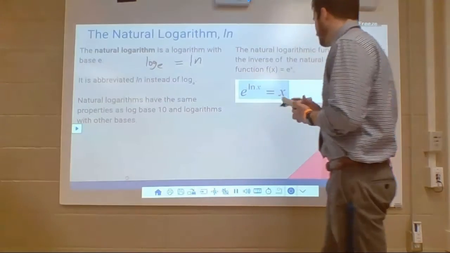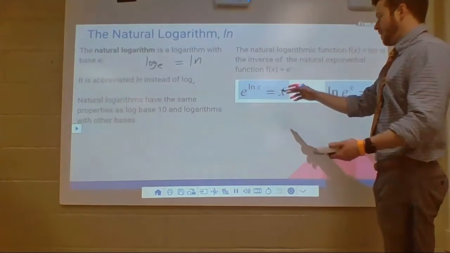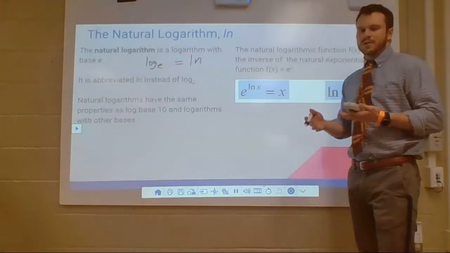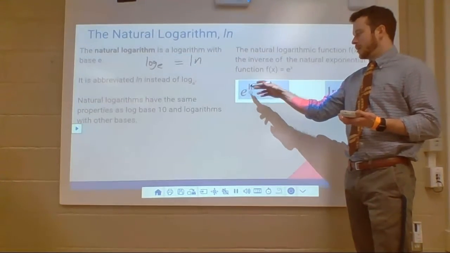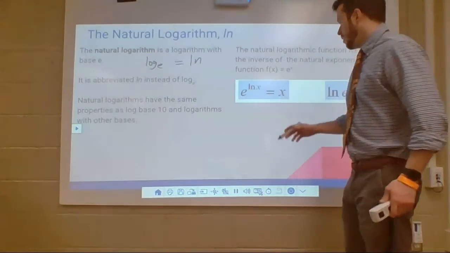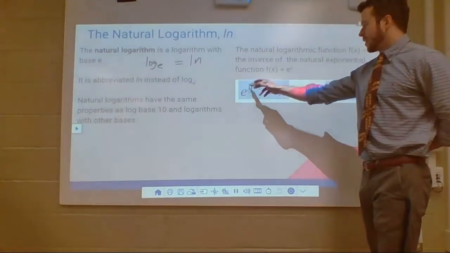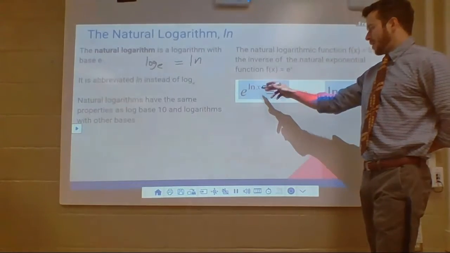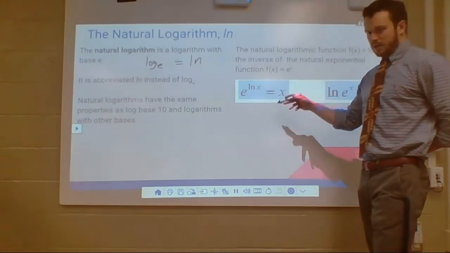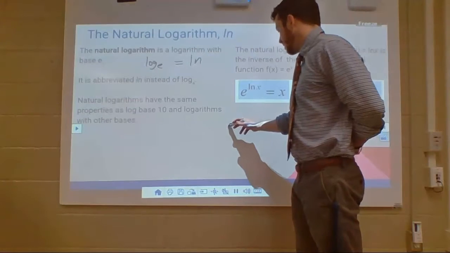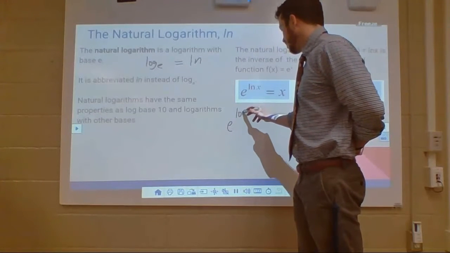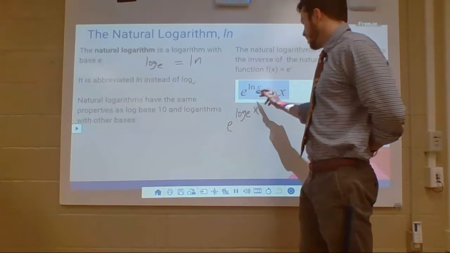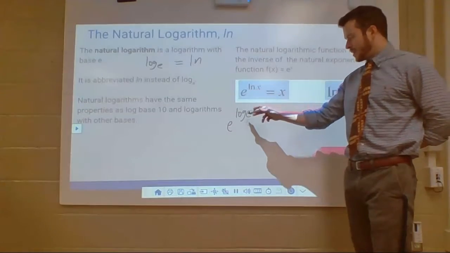Okay? So check this out. We can use the inverse properties that we've seen with logarithms. We can use that with e and ln. So e raised to the ln x power equals x. So for example, we're saying e to the log base e of x. That's what ln is, right? It's log base e.